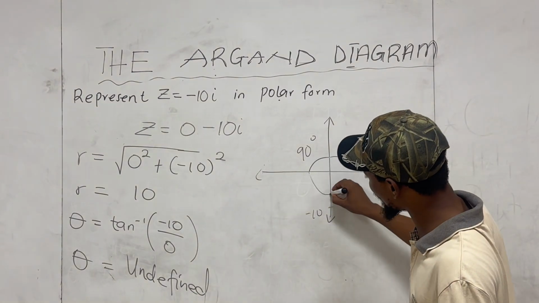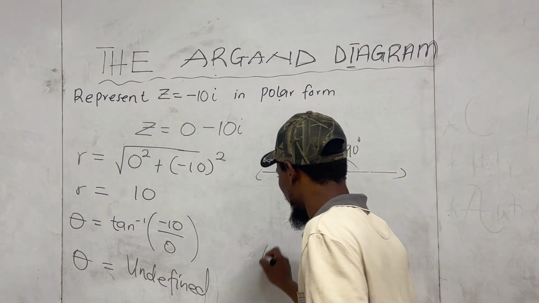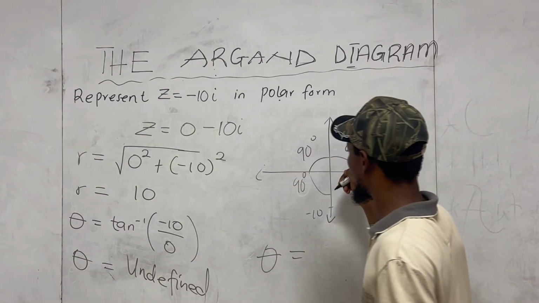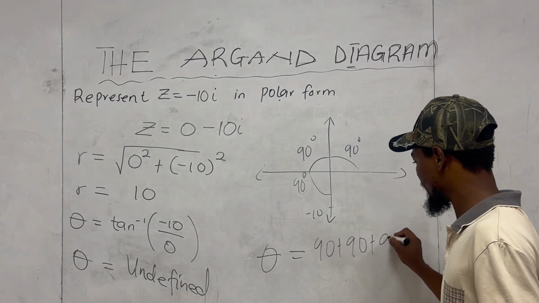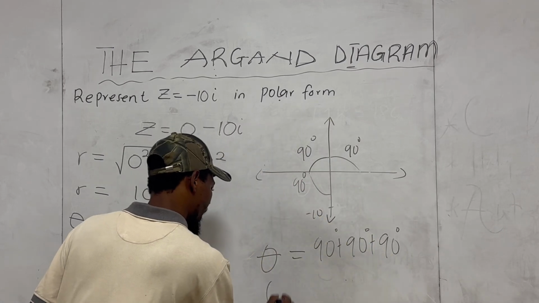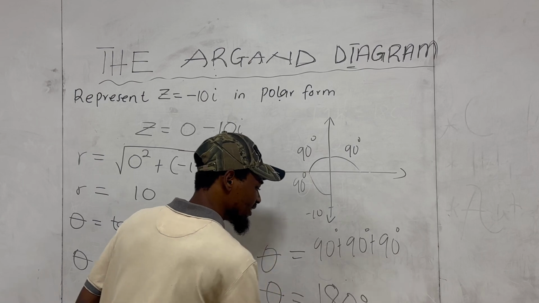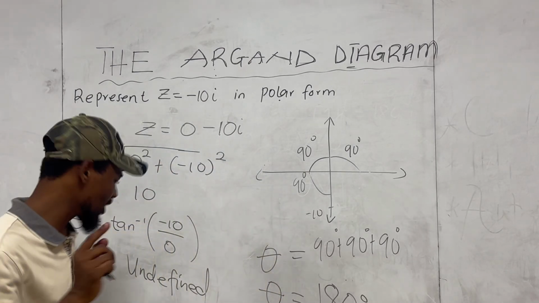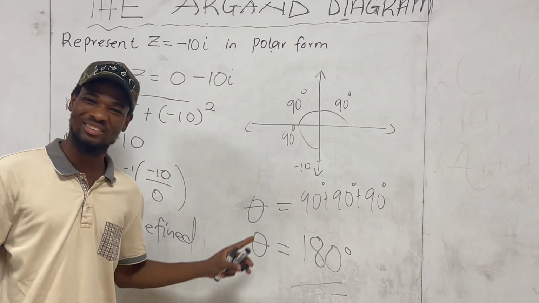Then from here to here is also 90 degrees. So the angle over here will be 90 plus 90 plus 90 degrees. So therefore, my angle theta is equal to 180 degrees. So if it is undefined, this is how we go about it.